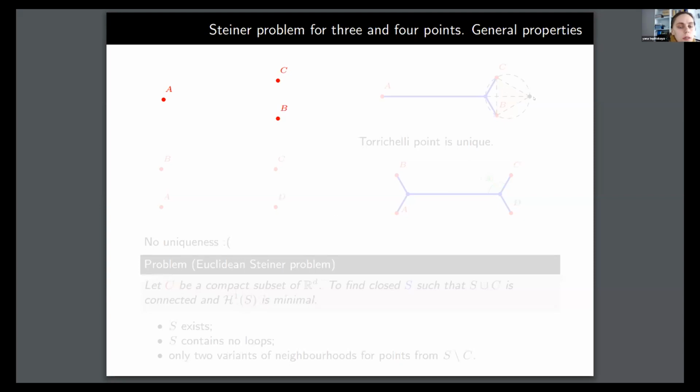One more simple example is the Steiner tree problem for 3 points. If we have 3 points, A, B, and C, such that triangle ABC doesn't have any angles more than 2 pi divided by 3, then the solution of the Steiner problem will be the tripod. How to construct the tripod?